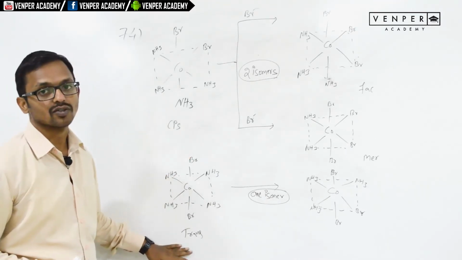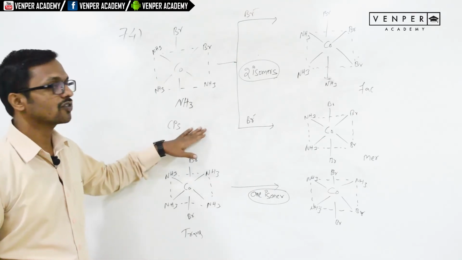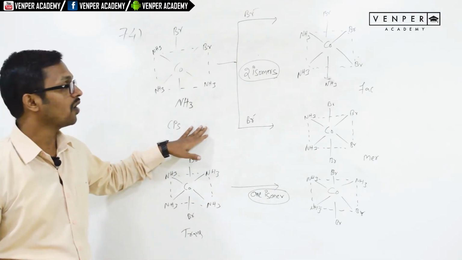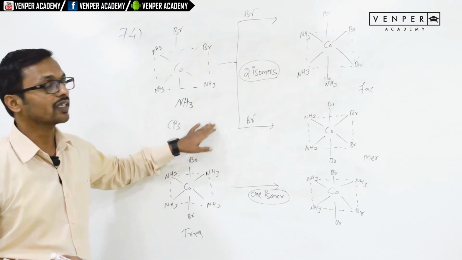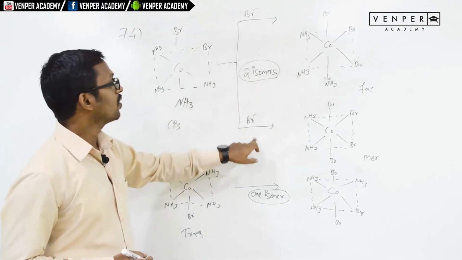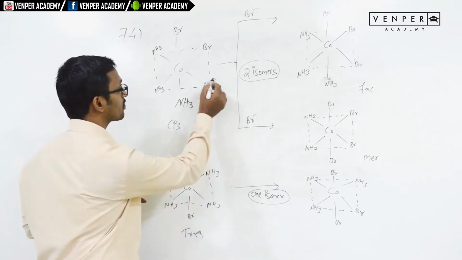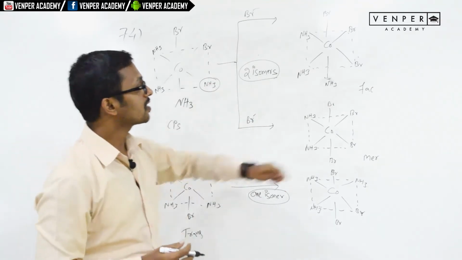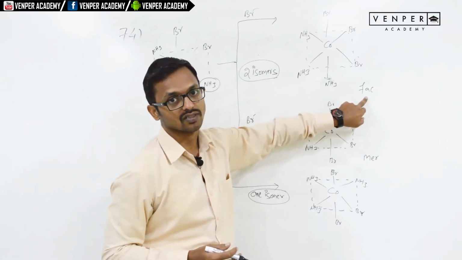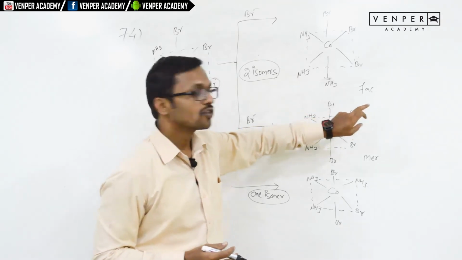These are the 2 isomers of the given compound, that is cis and trans isomers. Now let us take the cis isomer, and see how it undergoes substitution by Br minus. Let us take the Br minus substitution taking place at this position. In that case we are getting the facial isomer only.